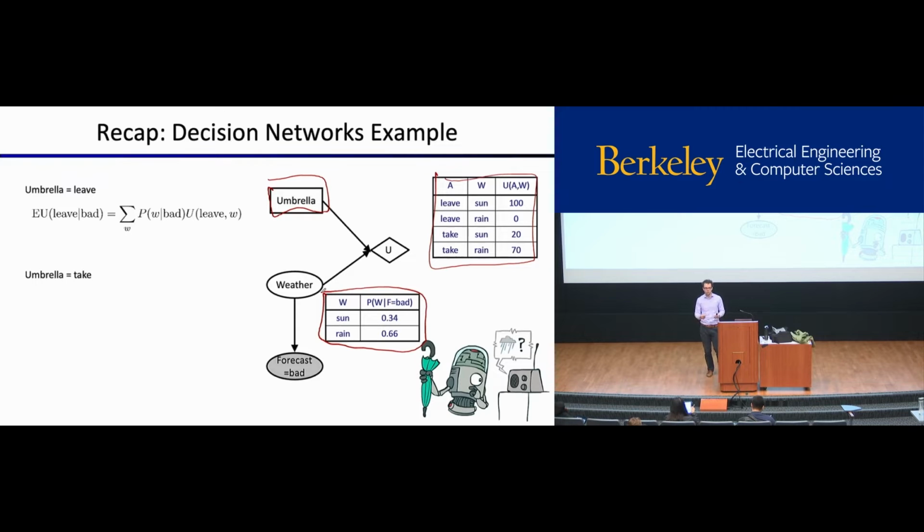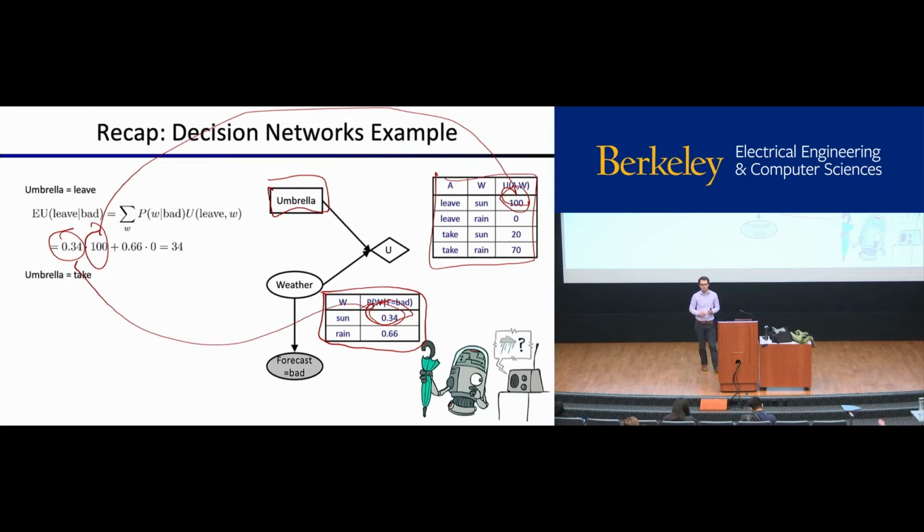So for each of the possible outcomes, we get its utility from our utility table. We multiply by the probability of that outcome based on our Bayes net, and then we sum those things together. And so we can do that for this example. We get 34. Okay, so these numbers are coming from this table, and these numbers are coming from this table.